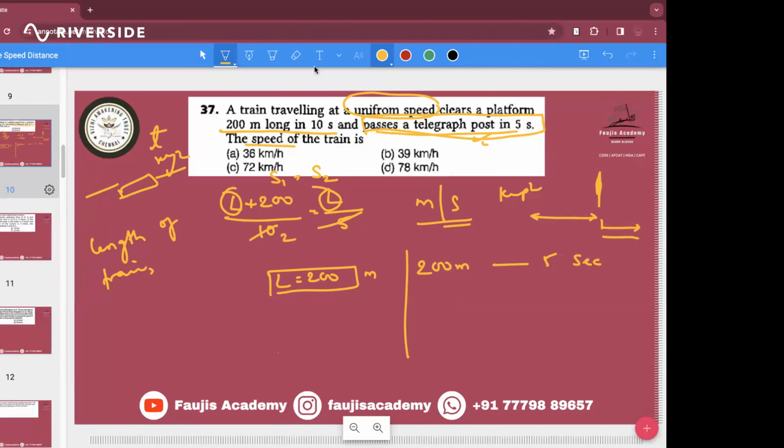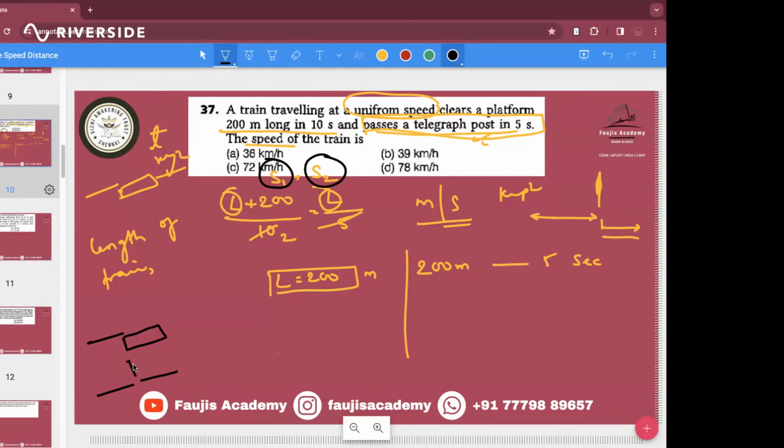Look here. When we say the speeds are uniform, there are two scenarios given. In one scenario, the train is crossing a platform, and in the other, the train is crossing a telegraph post.